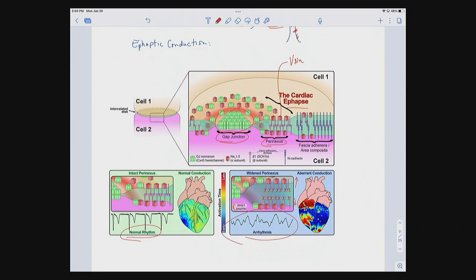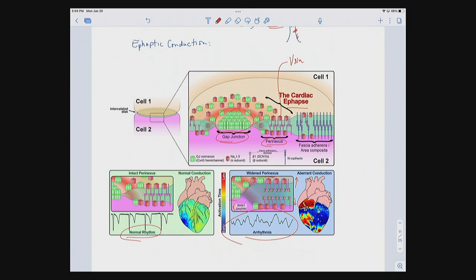In other words, the heart did not work appropriately. The gap junctions were kept in place. Everything else was kept in place. All they did, through some clever manipulation, was widen the perinexus and things went sideways. So that suggested there's something going on in the perinexus that doesn't directly involve gap junctions that's very important for normal functioning of a cardiomyocyte.